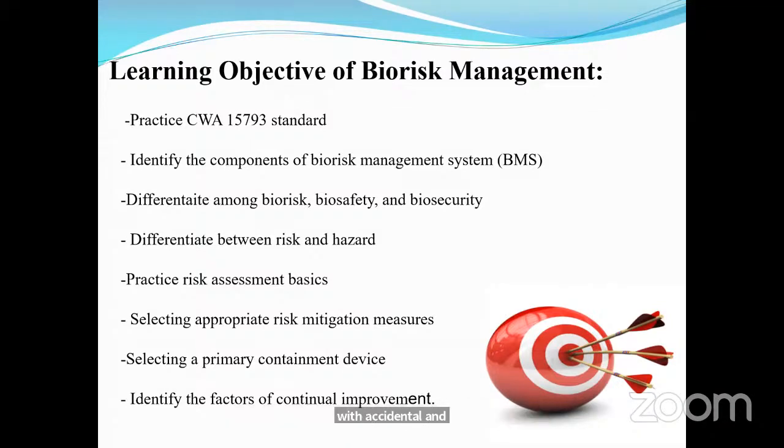This represents biosecurity. Also, be able to identify the components of the biorisk management system. We mean the components are risk assessment, risk mitigation, and performance assessment, for both the biosafety and biosecurity programs, because the risk associated with biological material in the laboratory could be a biosafety issue, or biosecurity, or both of them.